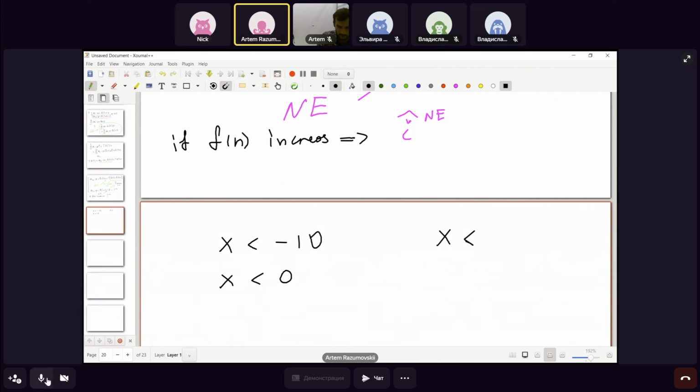So then it could be x is less than 10 and less than 0. So then the first one gives you more area, right?